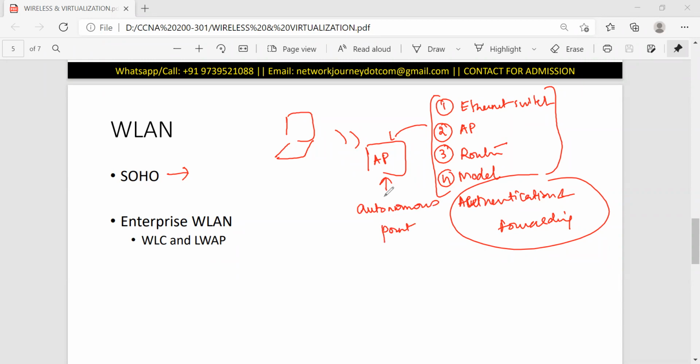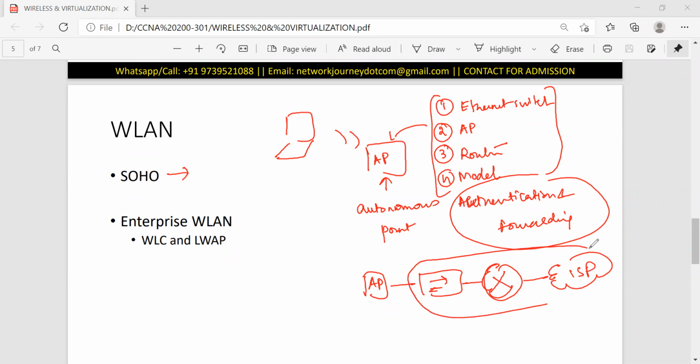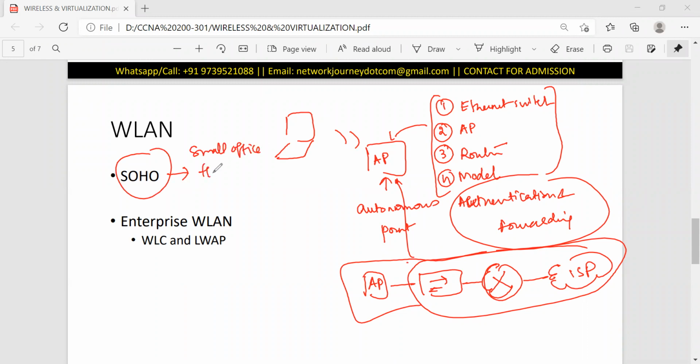In an actual scenario, this could be split into an access point connecting via a switch, then a router, and then connected via cable or DSL to your internet service provider. So all these functionalities are clubbed into one access point in a small office, home office scenario.